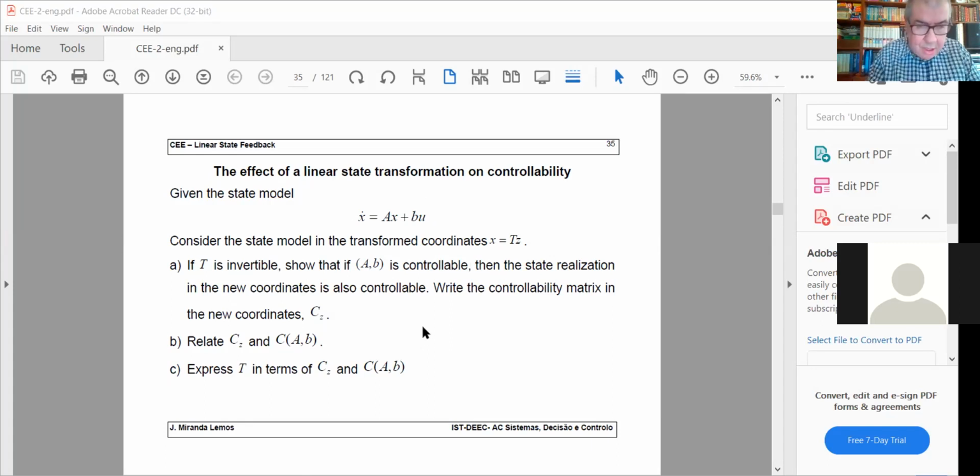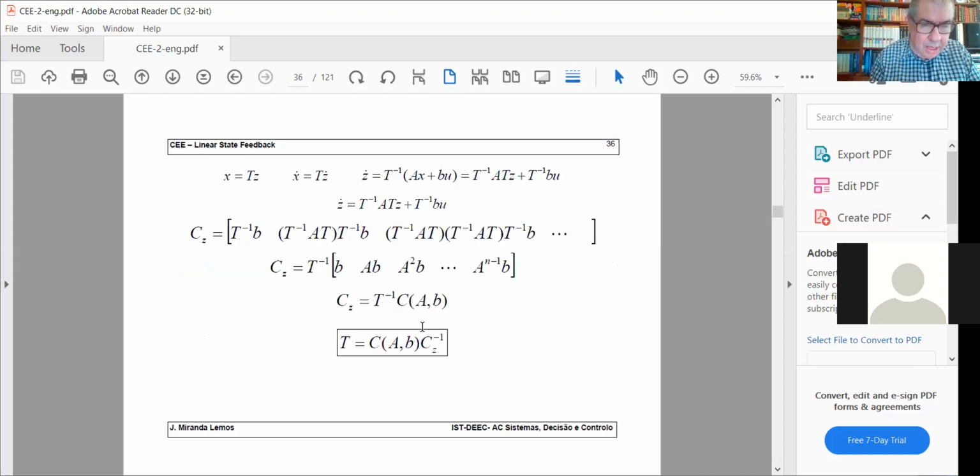And then we look at this result the other way around, and we have concluded that suppose that we have two state realizations of the same order, and they are both controllable. Then you can map one state into the other.